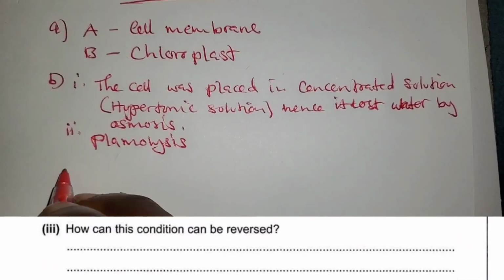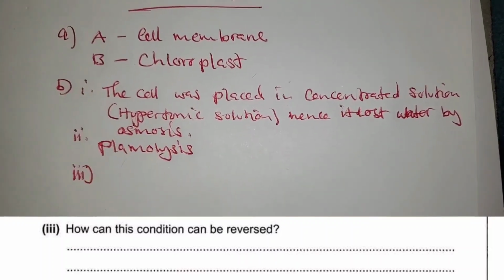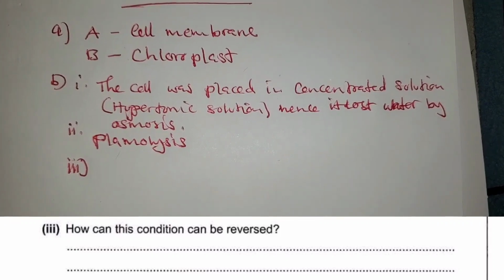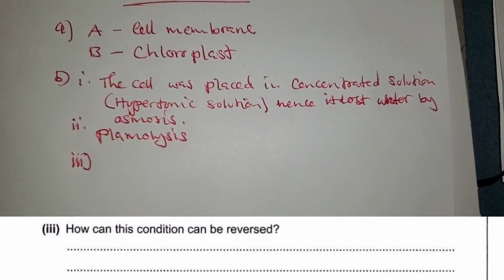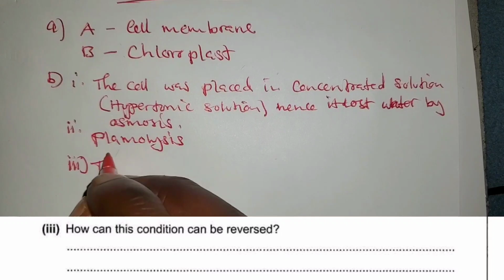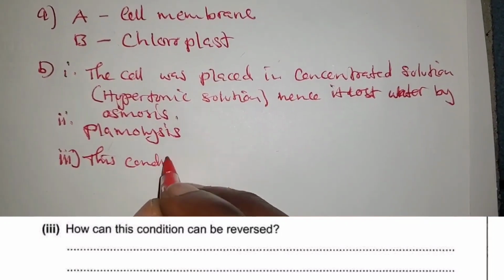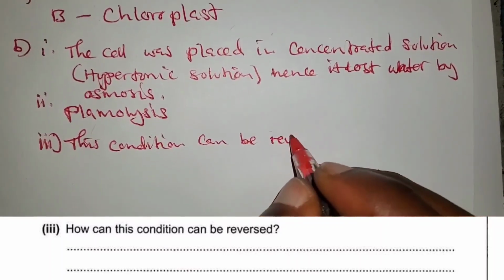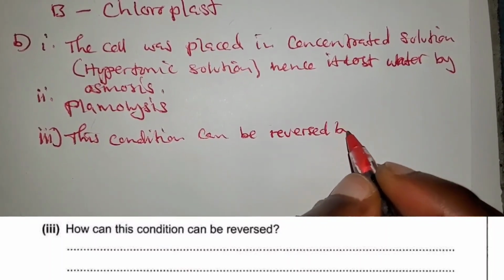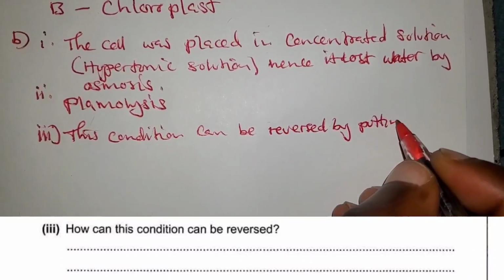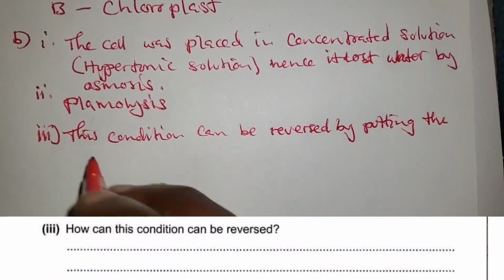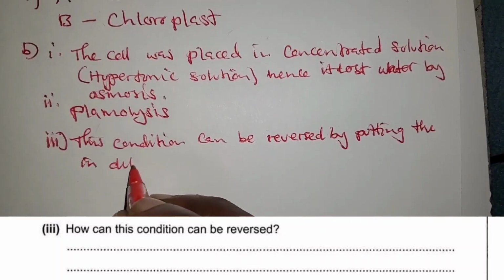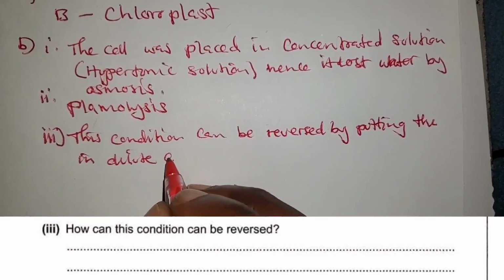Next question is B3. They are saying, how can this condition be reversed? So this condition can be reversed by putting the cell in dilute solution.